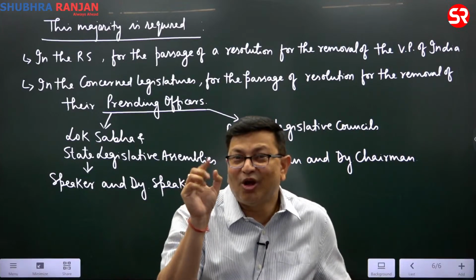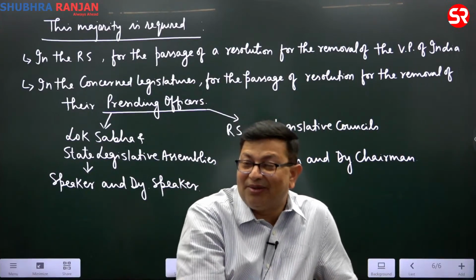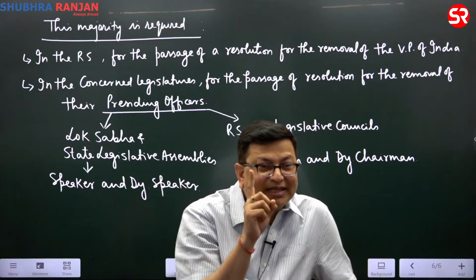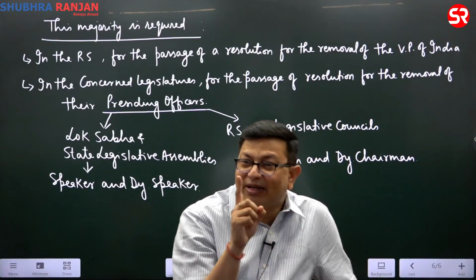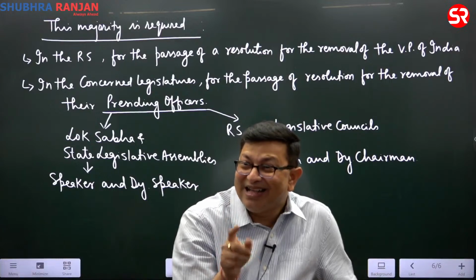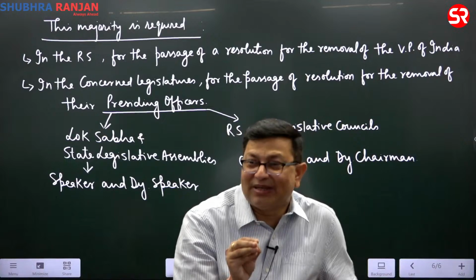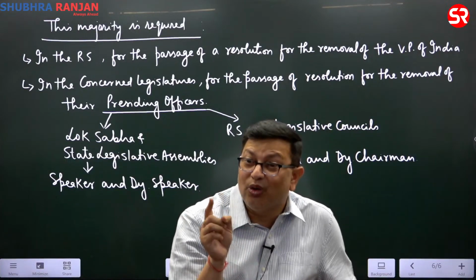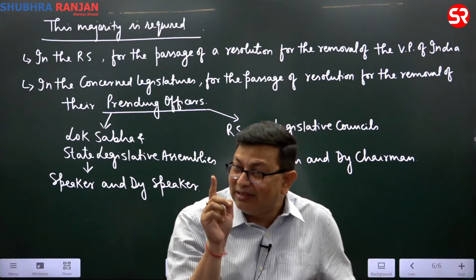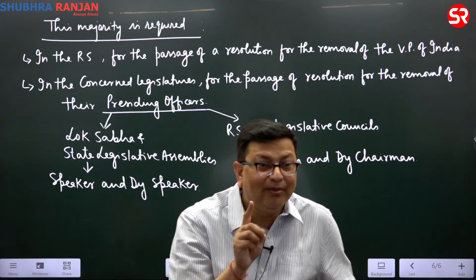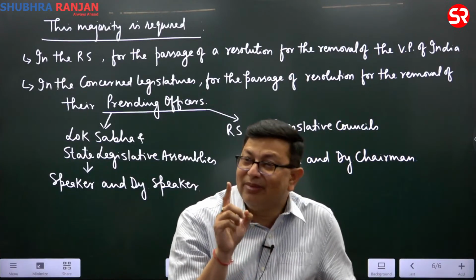Now the logic: the first point that we have written, the Vice President of India is the chairman of the Rajya Sabha. That is why the resolution for the removal of the Vice President is introduced only in the Rajya Sabha, and the Rajya Sabha has to pass it by an effective majority.